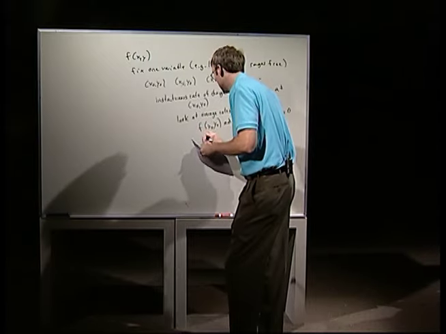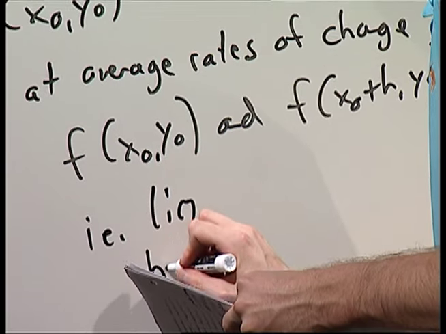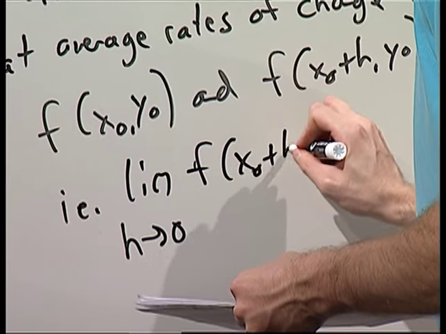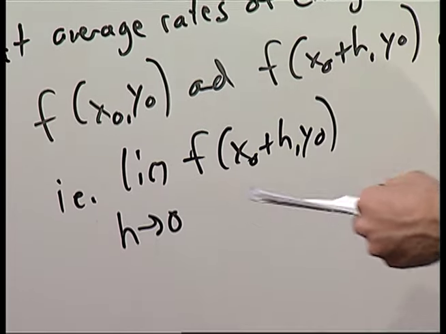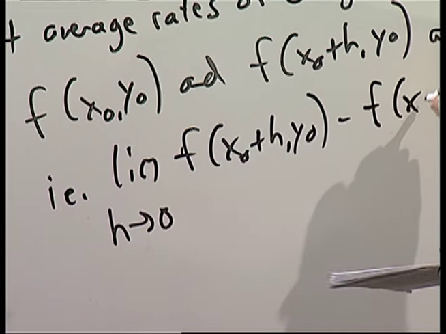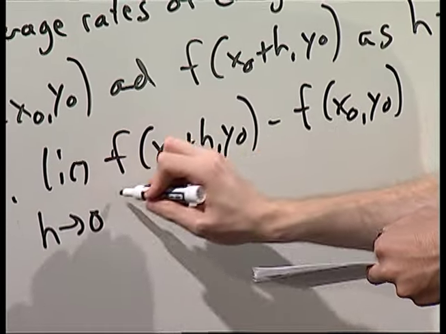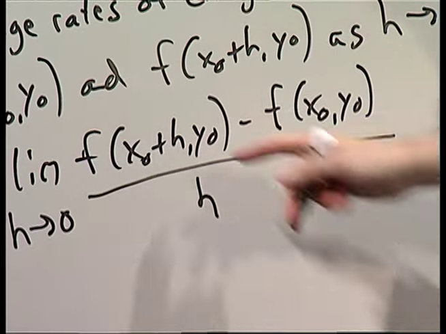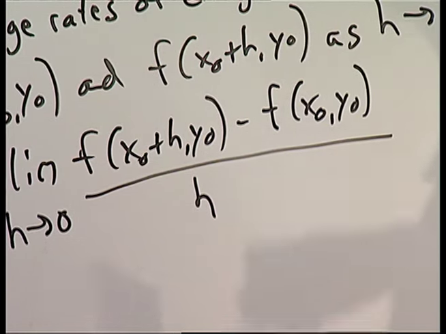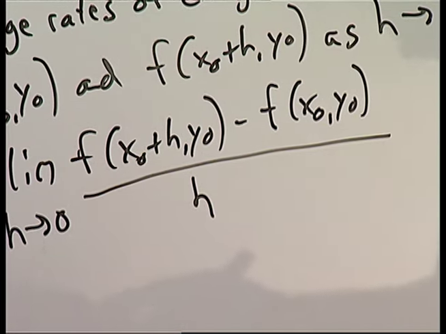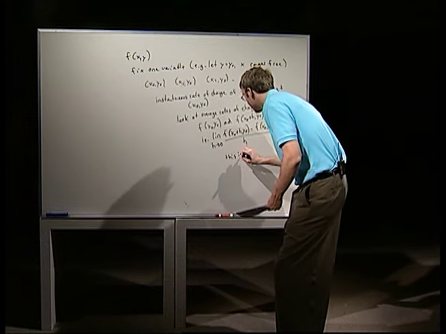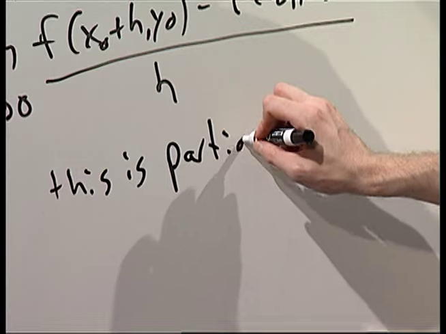I.e., the limit under consideration is the limit as h goes to 0 of f of (x0 plus h, y0) minus f of (x0, y0), over h. Only x is changing here, not y. We are fixing y, right? So this is what is called a partial derivative.